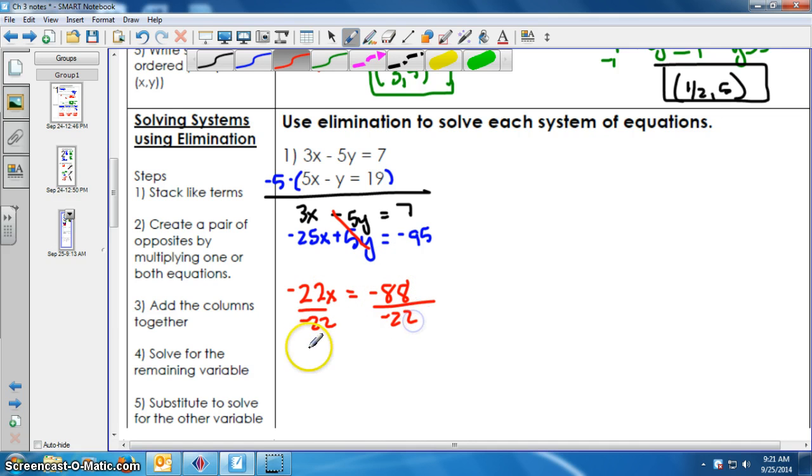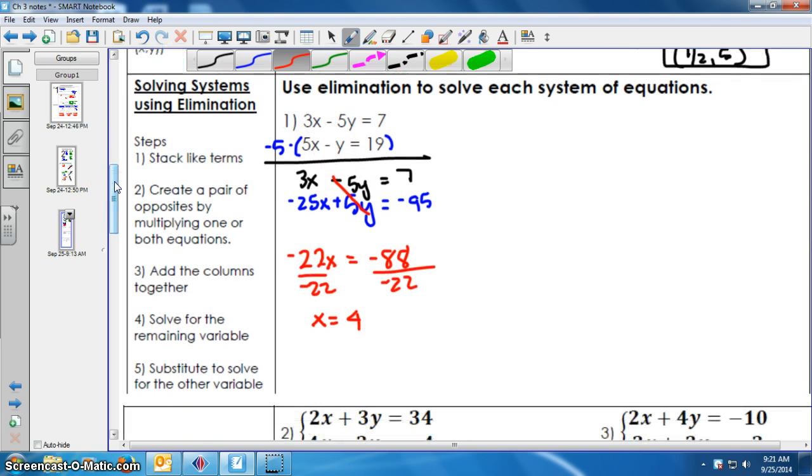So again, we have our x value, but we're not done yet because we need to substitute and actually find our y value. There's always two answers to these, your x and your y you're solving for. So plug it back into one of these equations up above here. It doesn't matter which one. Let's go ahead and just do that second one: 5 times 4 minus y equals 19.